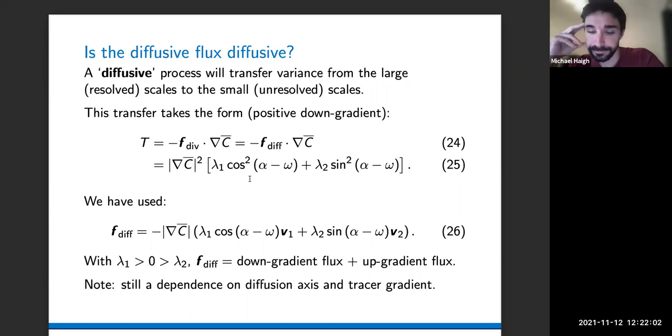I should point out as well that for a given tracer initial condition, which is equivalent to its relaxation profile, the regions where these upgradient fluxes occur are quite persistent. So for a given tracer, the upgradient fluxes occur typically in the same regions.